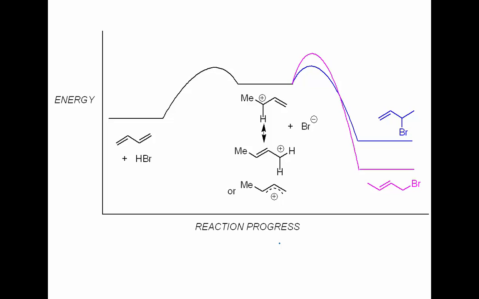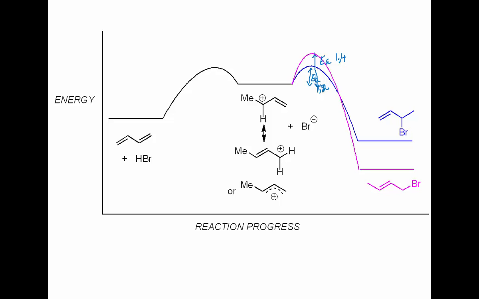How do we explain getting the less substituted product preferentially? It has to do with the fact that the energy of activation for forming the 1,2 product is lower than the energy of activation for the transformation of the carbocation into the 1,4 product.